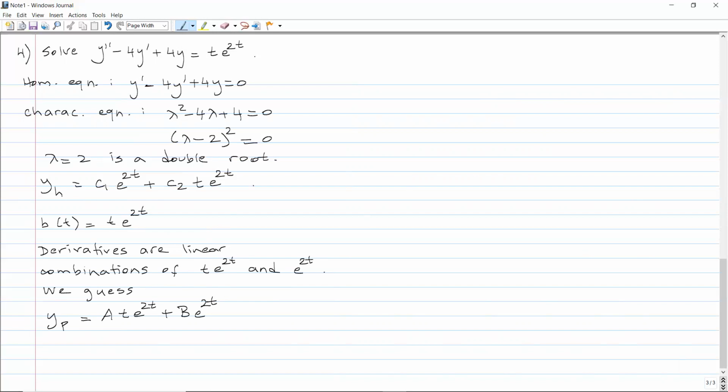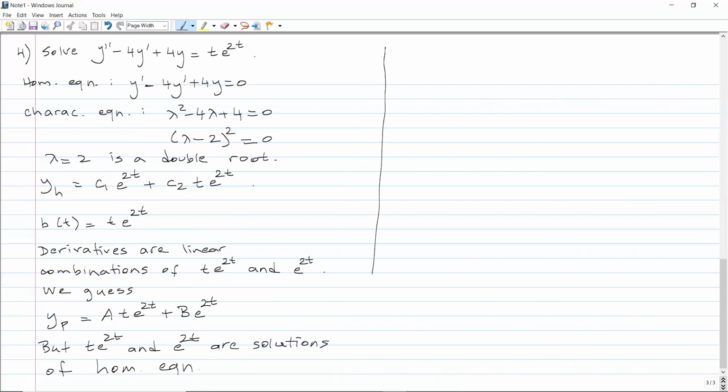But in this combination, t e to the 2t and e to the 2t are solutions of the homogeneous equation. So again, when we plug this into the differential equation, we are going to get 0.